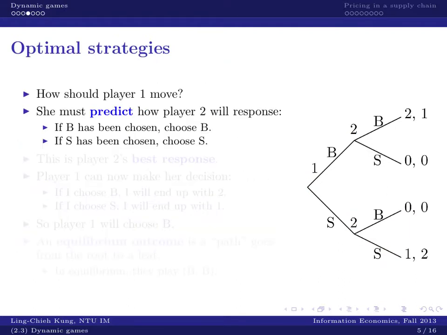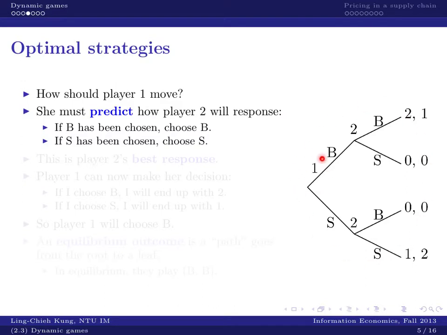Let's try to solve this problem by finding the optimal strategies for these two guys. The first question is, what will player 1 do? If you are really player 1, what you will do is predict how player 2 will respond to your action, because you know everything in this game.